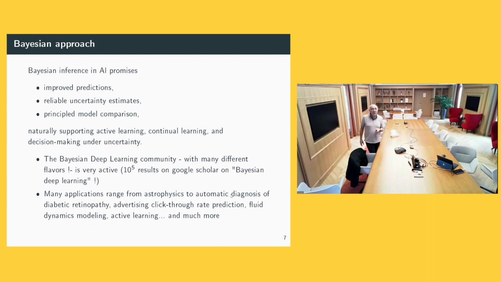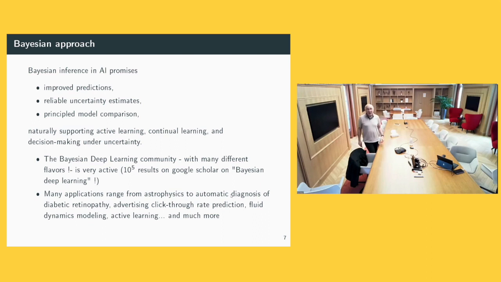So the Bayesian deep learning community is very active with many different flavors. The last time I looked at Google Scholar, there were 10,000 results for Bayesian deep learning, which means that Bayesian deep learning alone is already 10,000 papers.